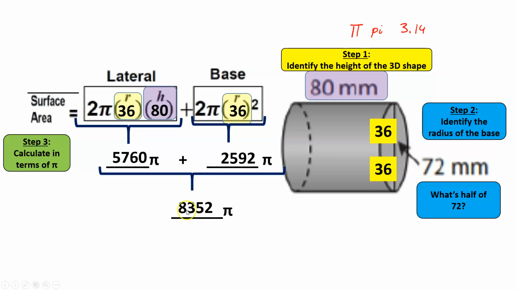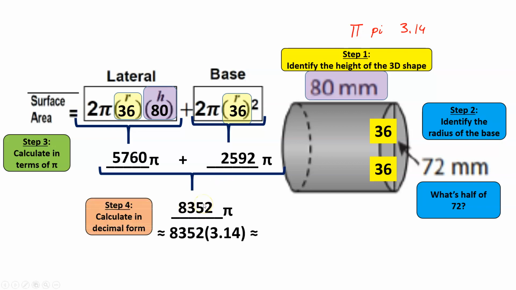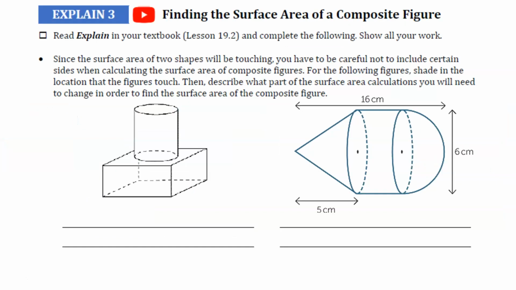And that would be about 8,352. Let's take a moment and calculate it out to be in decimal form. Pause and do that now. And unpause. Wow, that number's huge. Awesome. All right, we'll see you back here for the next video. This will be a part 2 for this lesson.